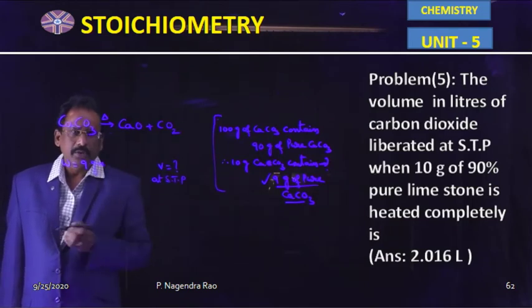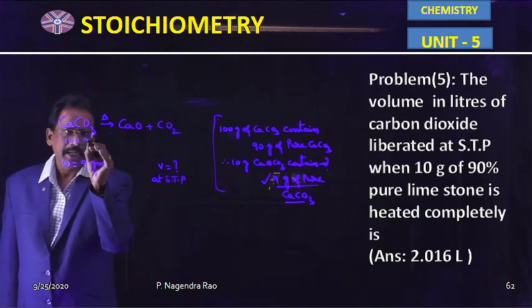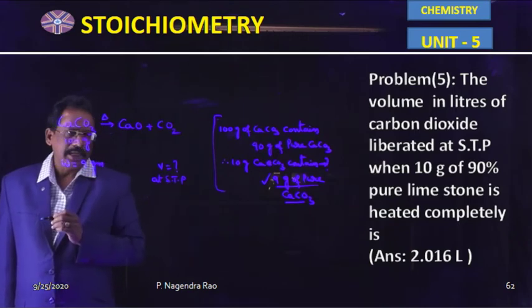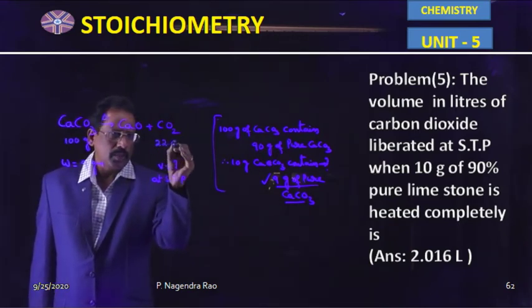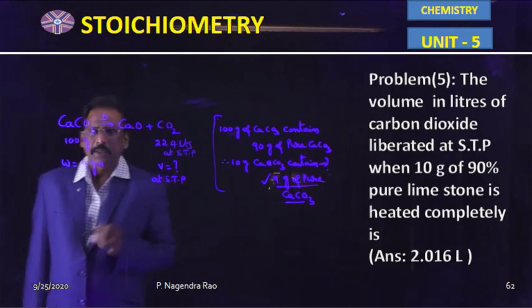So according to the original chemical reaction, 100 gram of limestone produces 22.4 liters volume of carbon dioxide gas at STP.